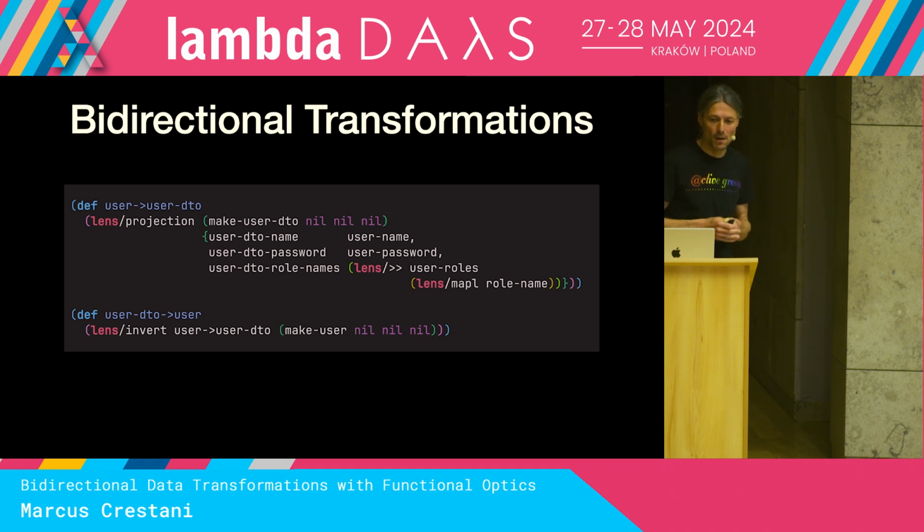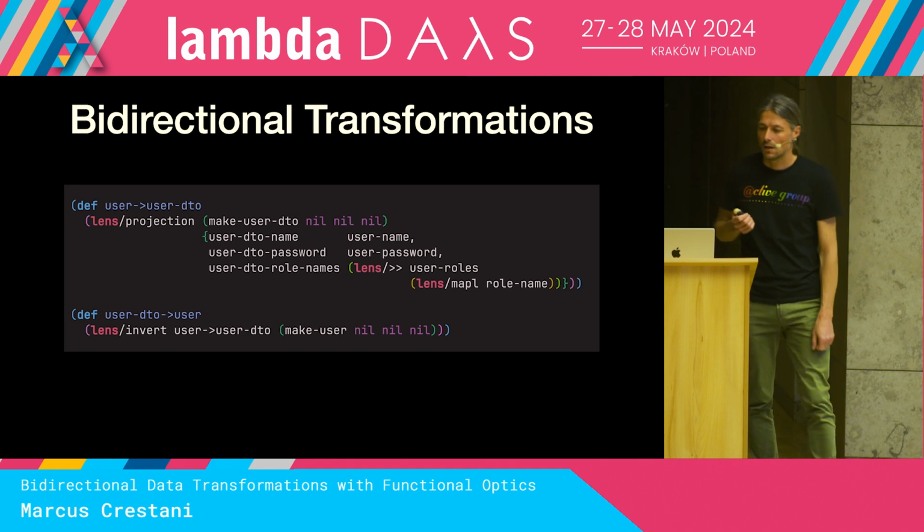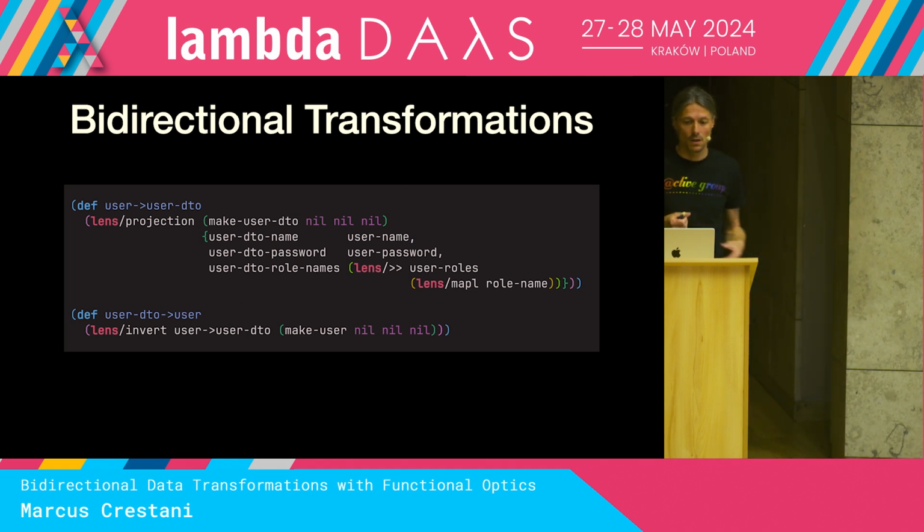So the actually working code looks like this. We define the lens, user to user DTO. And remember, since lenses behave like functions, we can just call this definition like we would any other function. And we use the projection lens combinator for the lens.